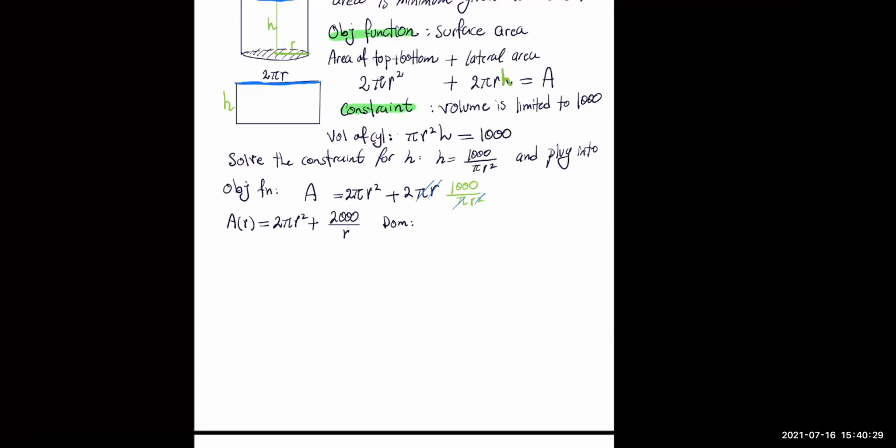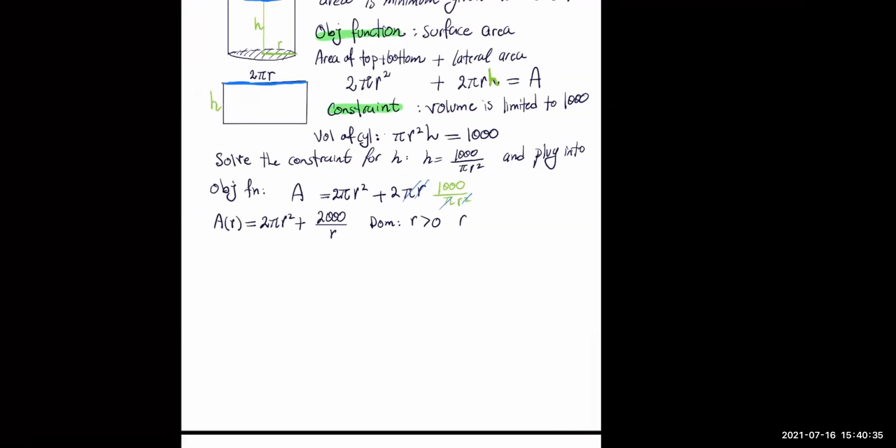So the domain is r just positive. You can make the cylinder look as ridiculous as you want.